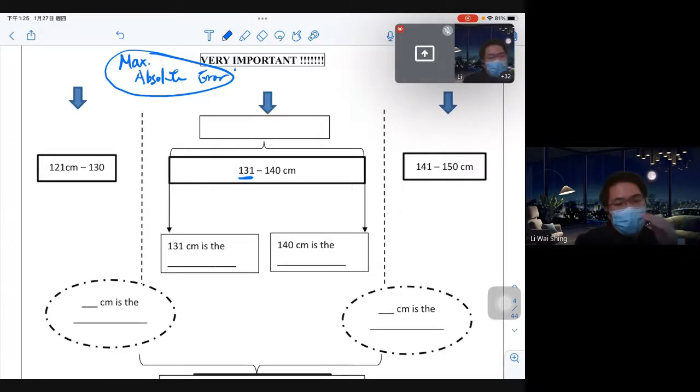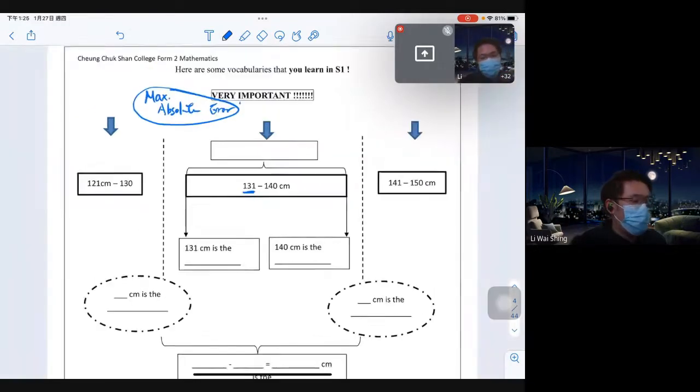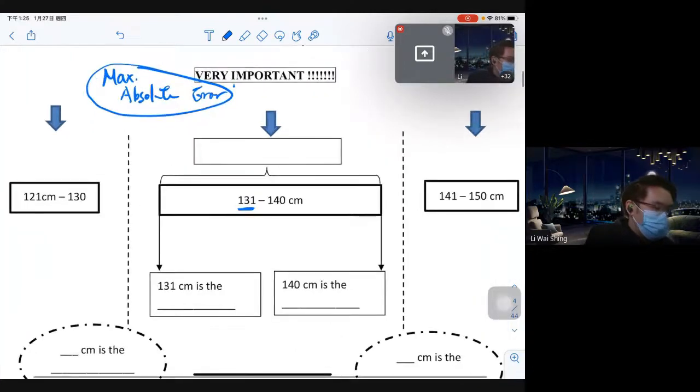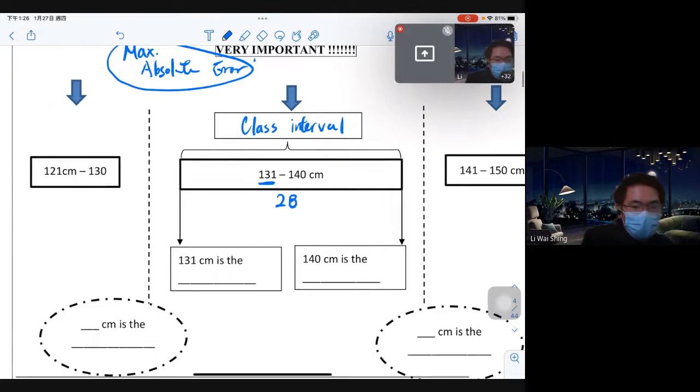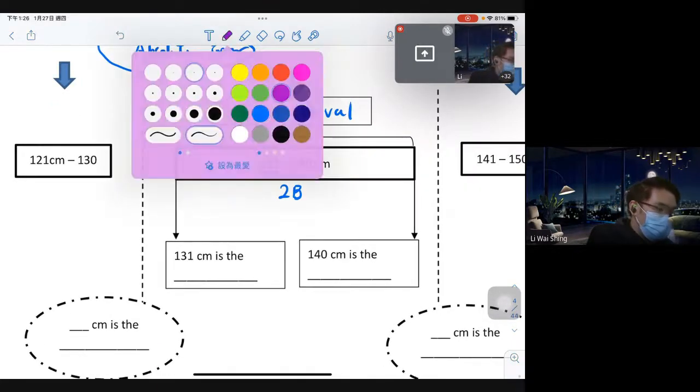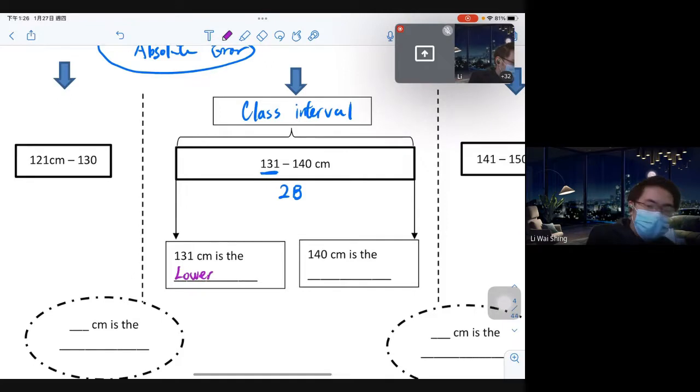However, the name for the vocab is different from what you learned in Form 1. For this part, we call it class interval. So in the class, we have the smallest value and the largest value. The smallest value, we call it the lower, what? Anyone can tell me? Jess? Lower boundary.